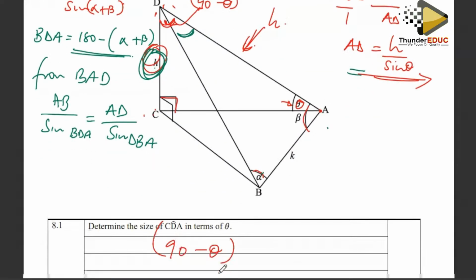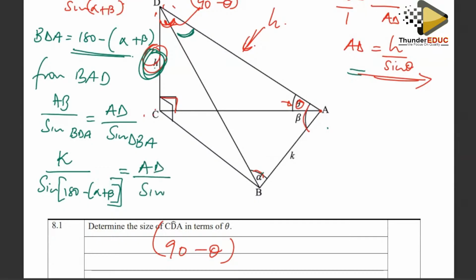Let's do the substitution and see. What's our AB? That's going to be k over the sine of 180 minus alpha plus beta, which is equivalent to the AD over the sine of this alpha.